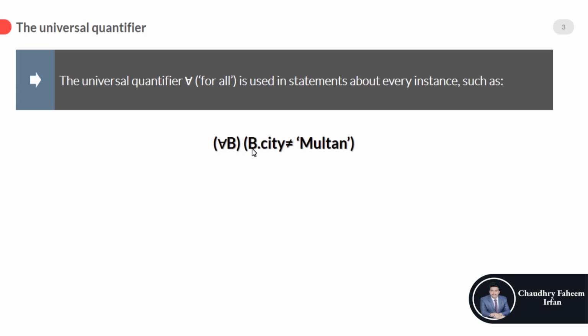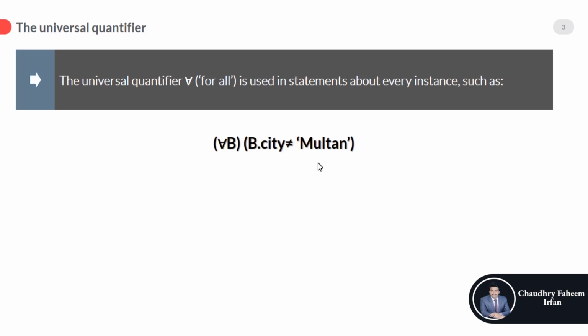So B is the tuple and dot city is the column where the value of B dot city is not equal to Multan, and we are going to select all the records except the Multan records, so employees with the city Multan are not selected.